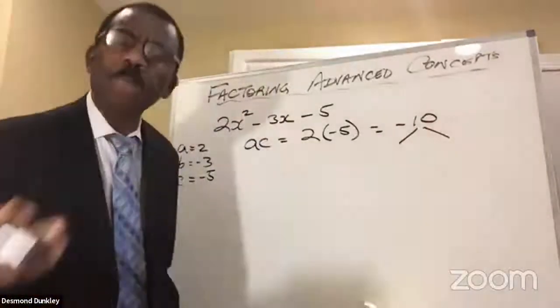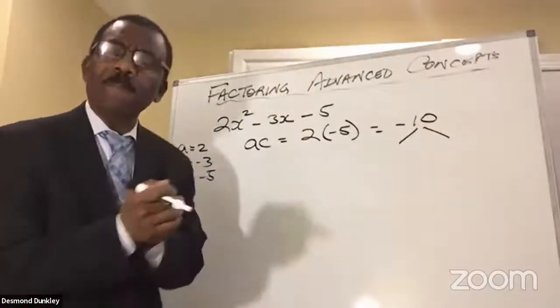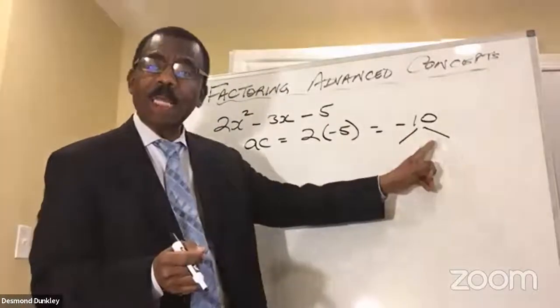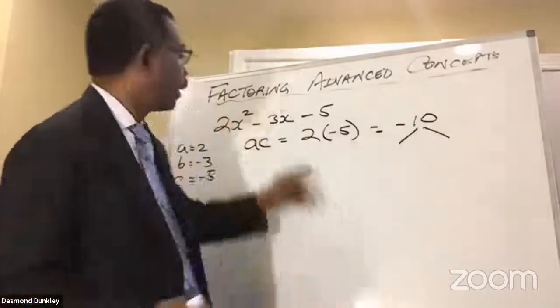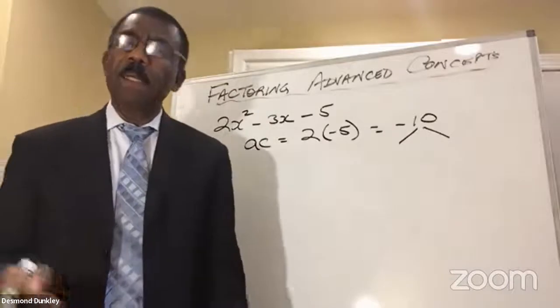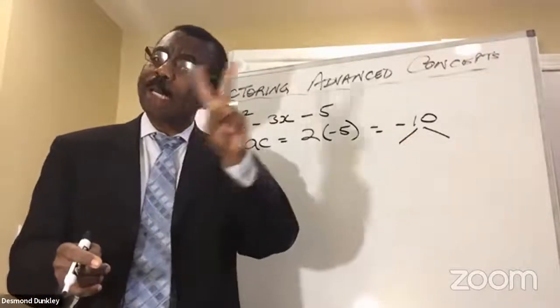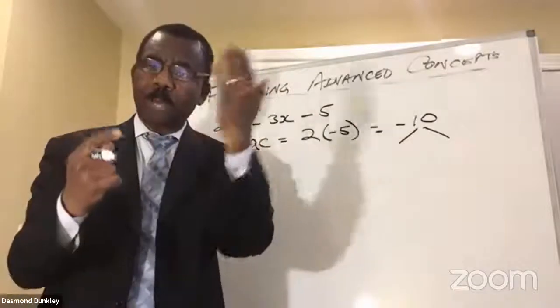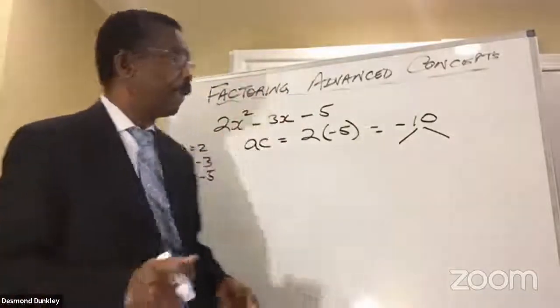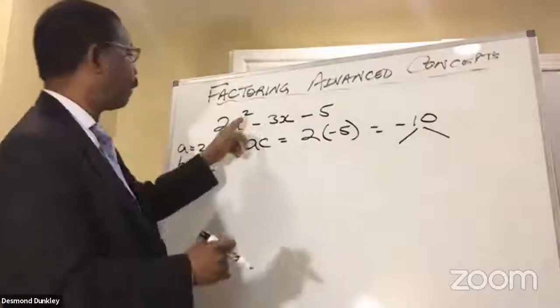What are the two numbers that when multiplied give you negative 10, and when added together give us negative 3? They multiply to give us negative 10, so therefore there are two different signs, one positive, one negative. And when you add them, you get negative 3.